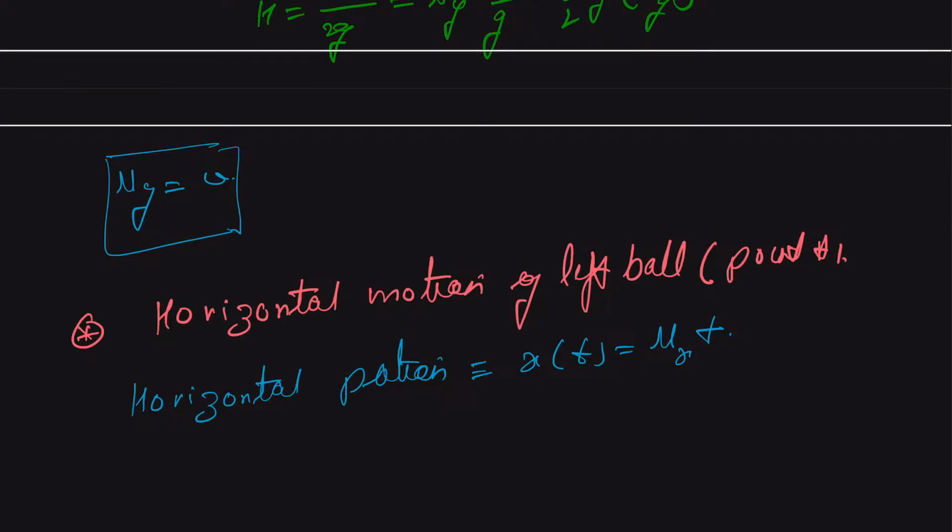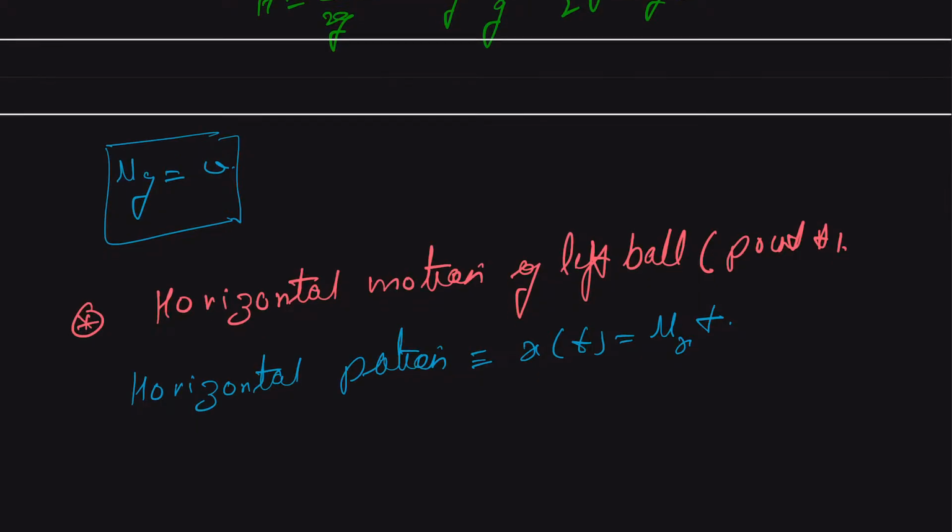We already know this value, and x of t is equal to d, that will be our distance traveled. So d is equal to u of x times v upon g. Therefore the velocity component in x direction will be equal to g d upon v.